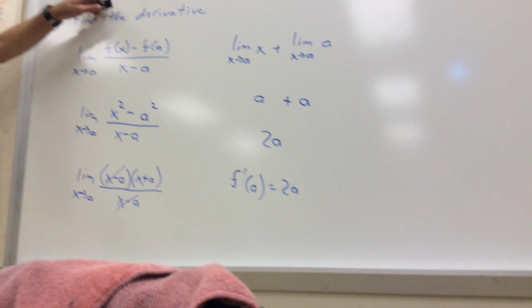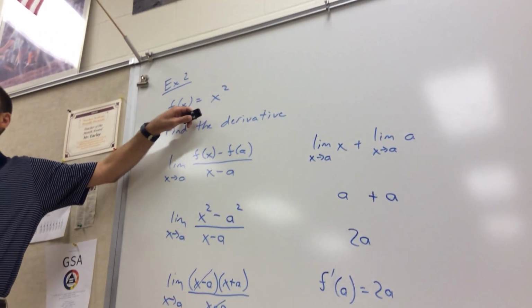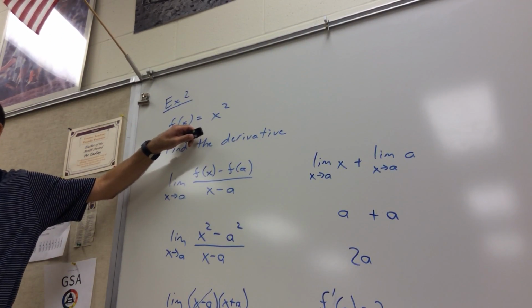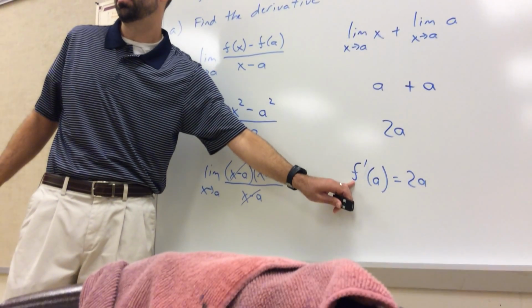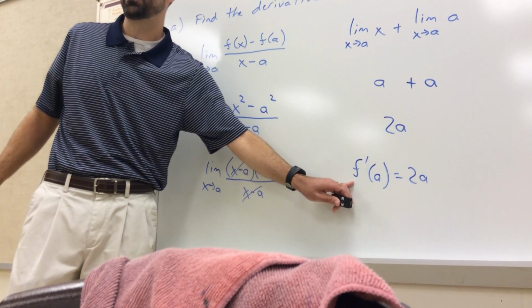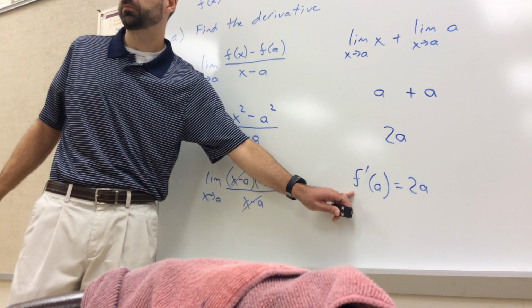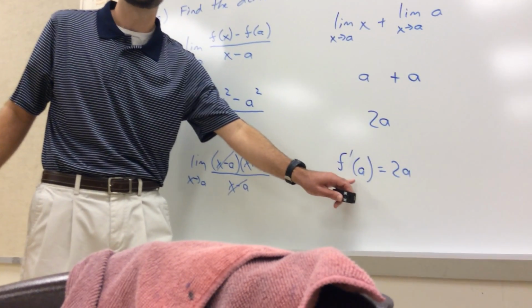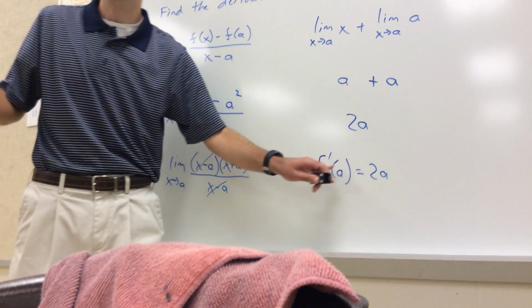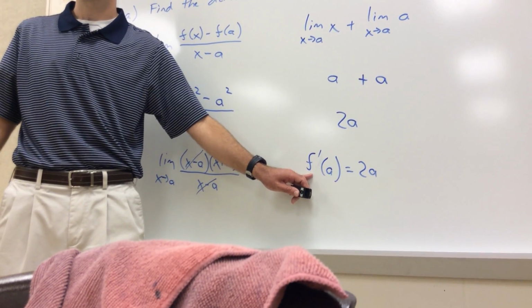So the original f gives me the y values, right? It gives me the heights. But the f prime gives me the slopes. It's the derivative. And sometimes we just put an x there and call it f prime of x is 2x, because a just represents an x.